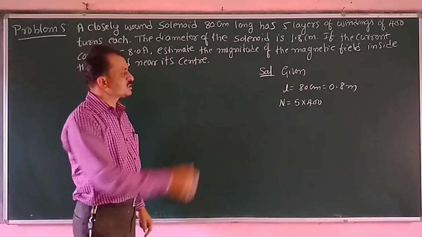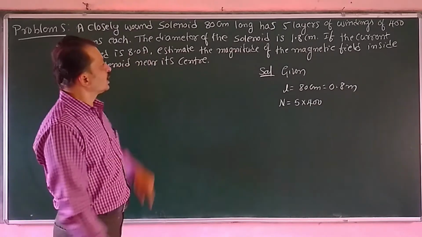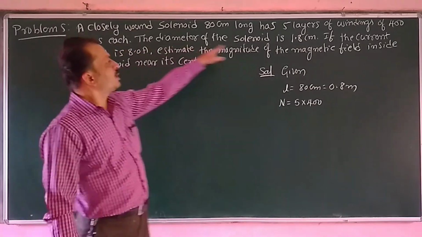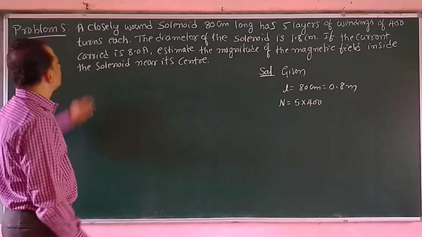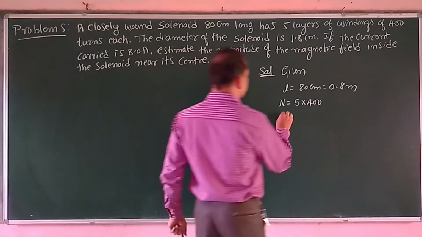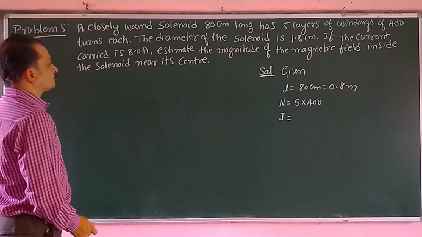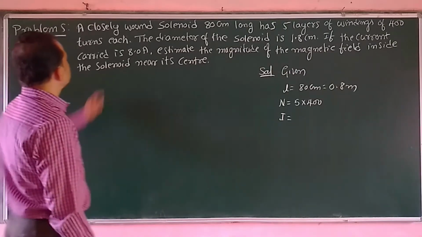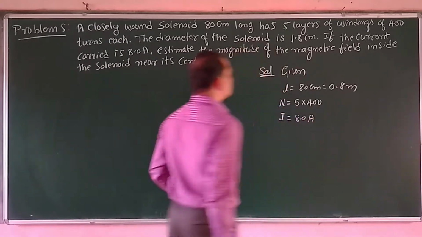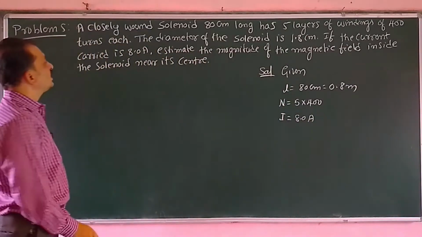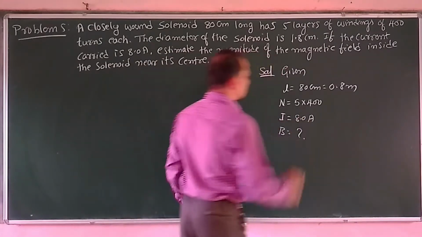Now, the diameter of the solenoid is given. It is of no use, just to make confusion for you. And the current flowing through the solenoid is 8 amps. We have to calculate the magnetic field at the center.